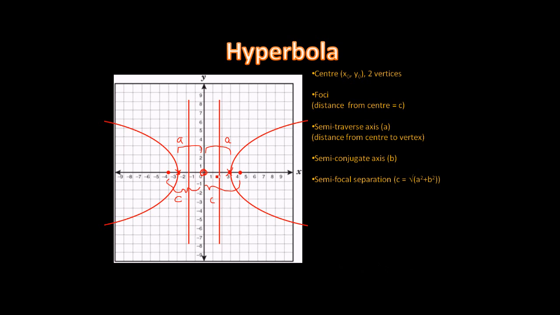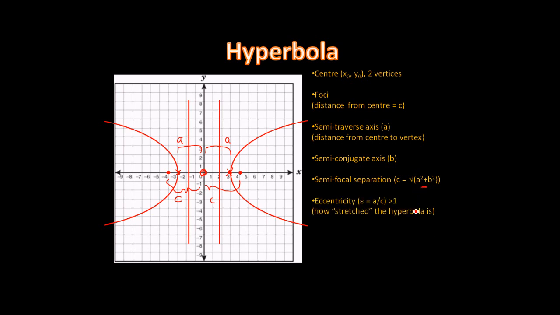Now here is the semi-focal separation c. Notice that it is very similar to the one I've shown in the ellipse, but the main difference is that instead of a squared minus b squared, here it is a squared plus b squared. So make sure that you remember the difference when you are working with a hyperbola or an ellipse.